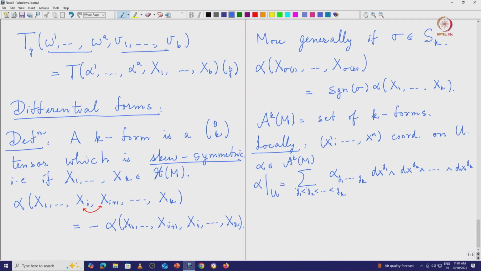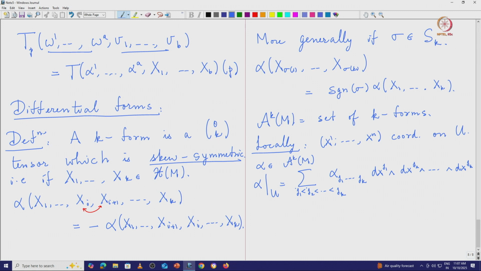And the reason why none of these indices are equal, ji is not equal to jl, is because if two of these indices are the same, then by skew symmetry you would anyway get 0, right? So in the local expression we need these strict inequalities.